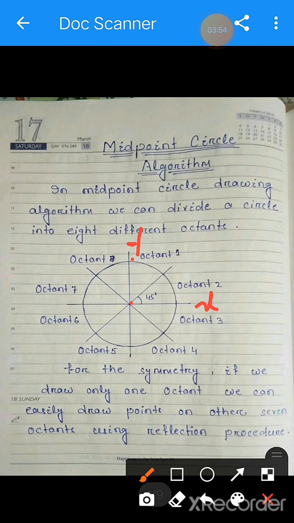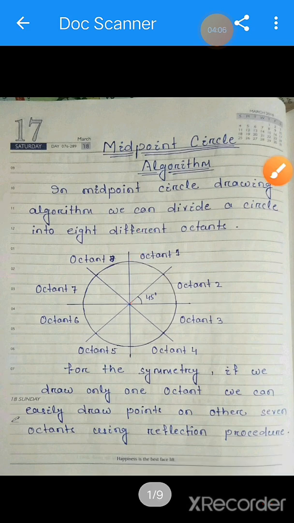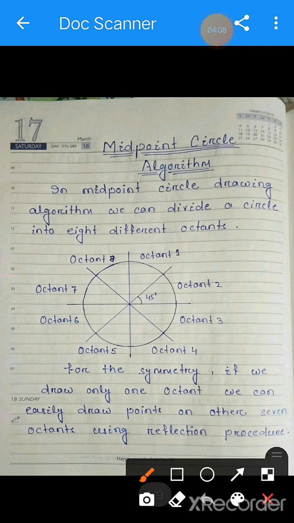When the next pixel point is xk plus 1 on the x-axis, on the y-axis the next pixel point is yk minus 1 or yk. This point is here, next this point is here. In this way y decreases but x increases.